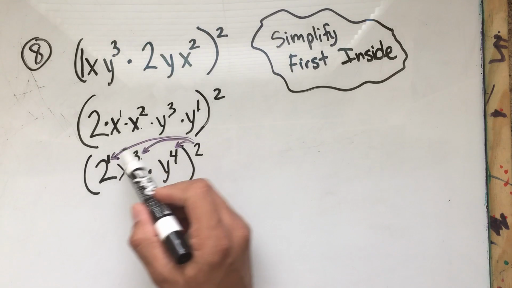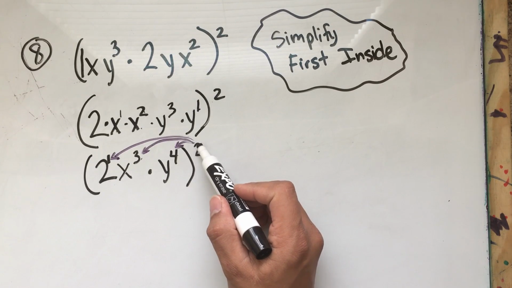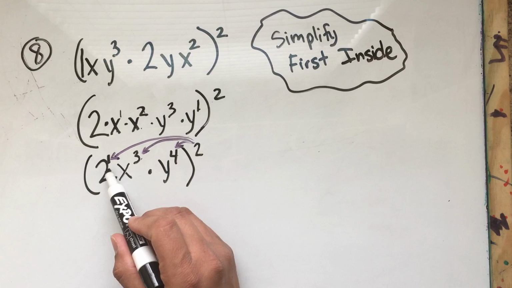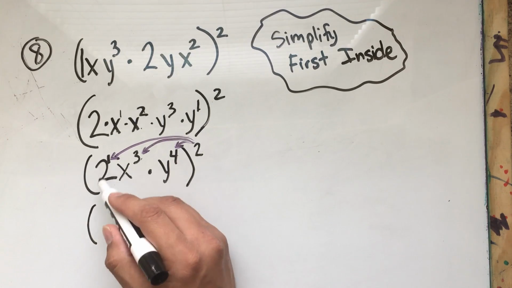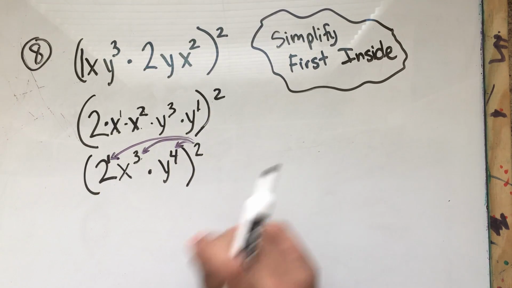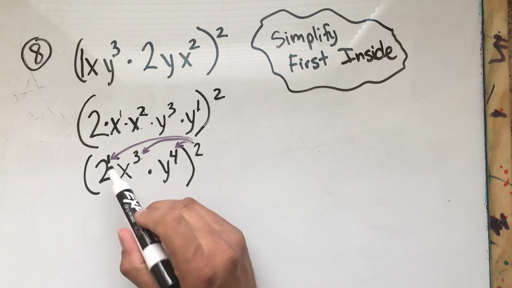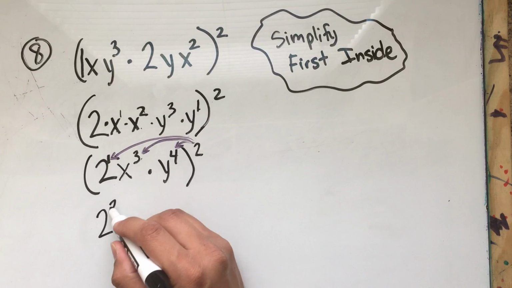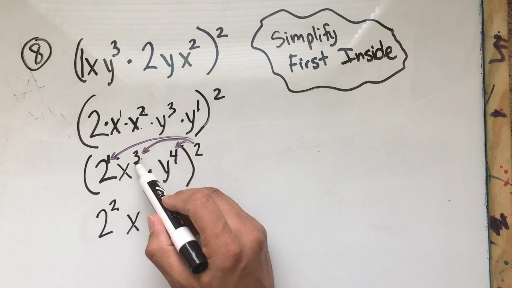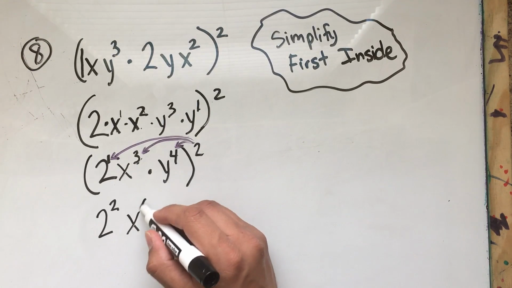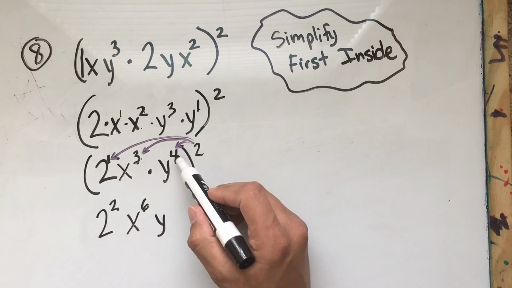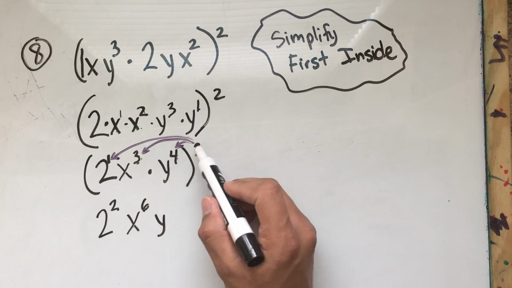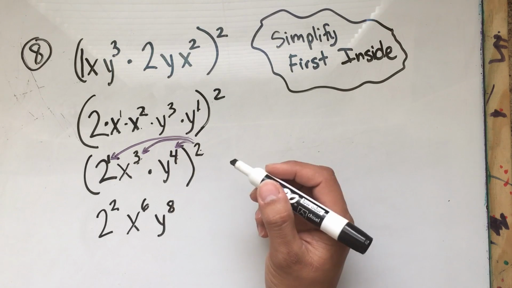So I have to multiply the power on the outside times the power here on the inside. Okay, so I don't need this anymore. I'm squaring the whole thing. So 2 to the, what's the new power on it? 1 times 2 is 2. 3 times 2 is 6. And then y to the fourth, 4 times 2 is 8.